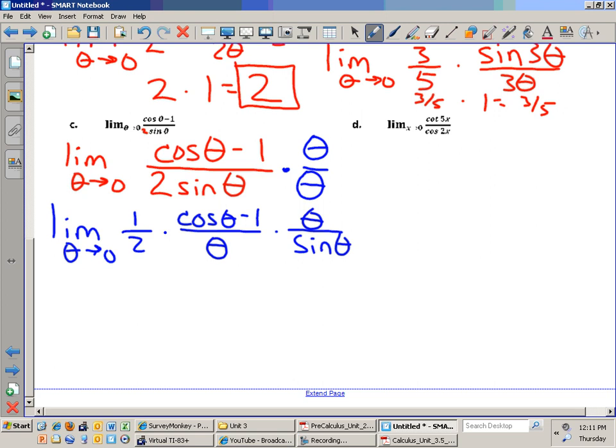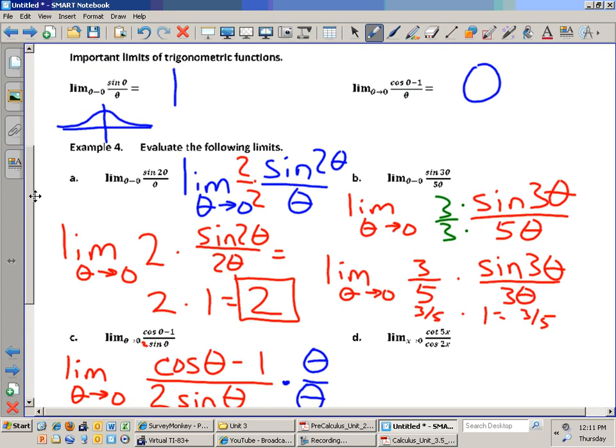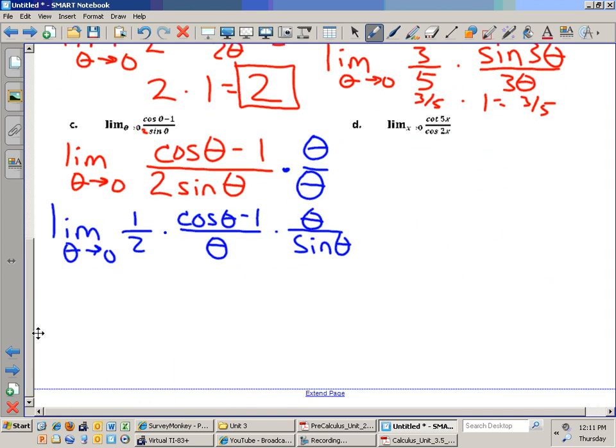Look at this. This looks very similar, doesn't it? Very similar to this one. It's just the reciprocal, right? So anybody want to guess what the limit of this is? The reciprocal, which is just 1. Reciprocal of 1 is 1.